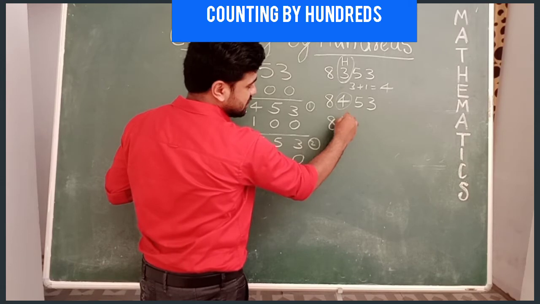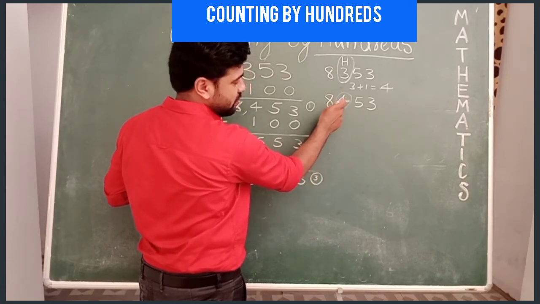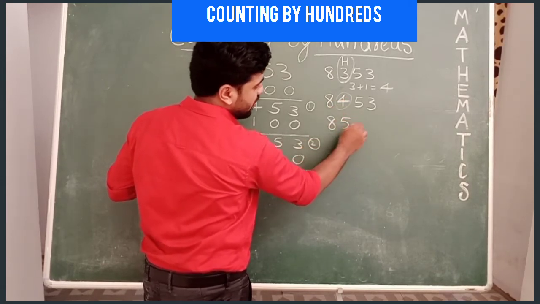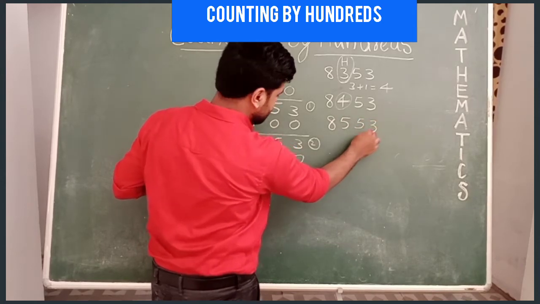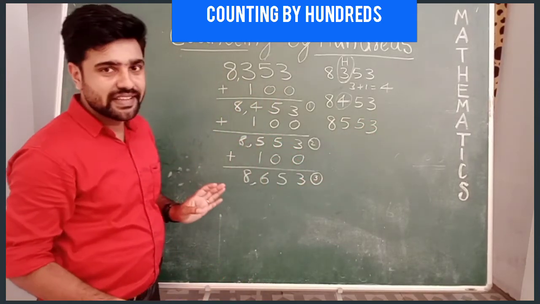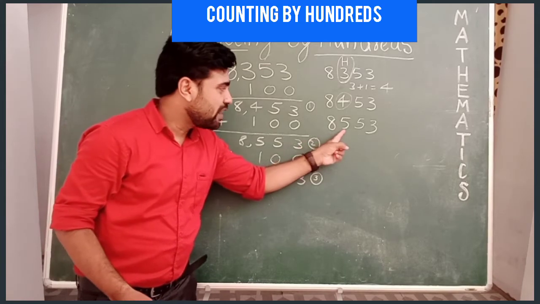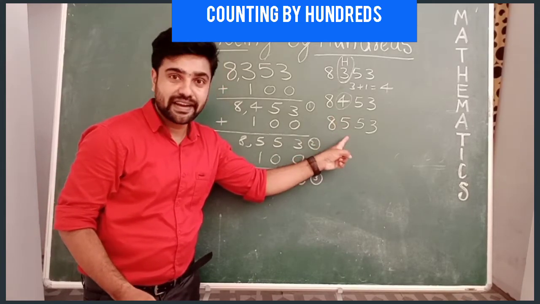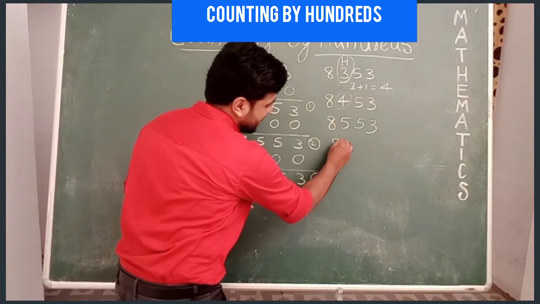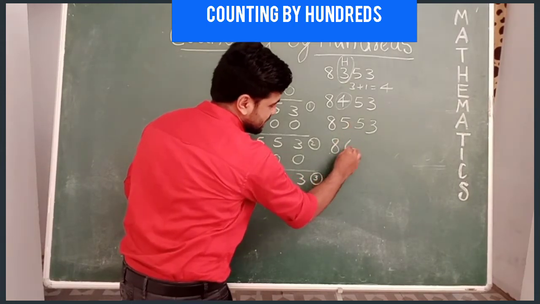Write the next number. Add 1 to this number. 4 plus 1, 5 is the next number. Then for getting the next number, add 1 to the number in hundreds place. It is 8,553. 5 plus 1, 6.